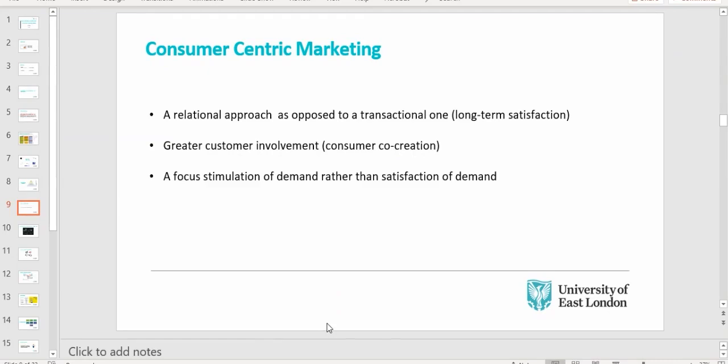The essence of marketing is to move away from a transactional approach, where I want to get this customer now and I want him to pay now, and that's my transaction, and then I make my money and I'm done with that. It's moving away from a transactional approach to doing business, to what we refer to as a relational approach.